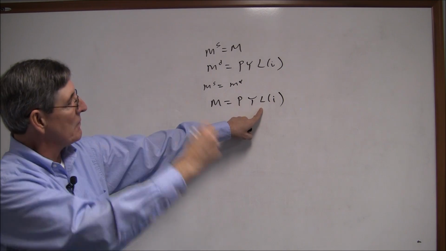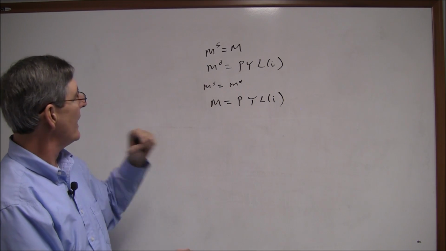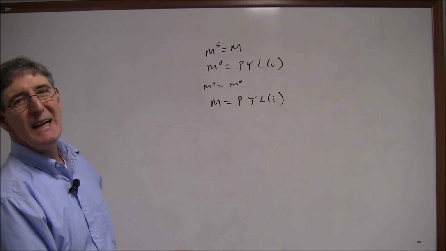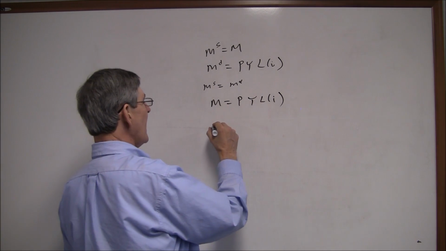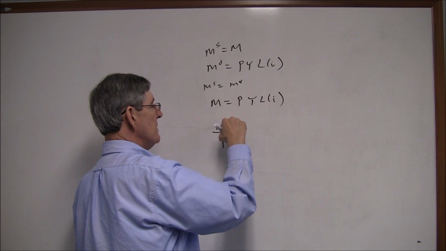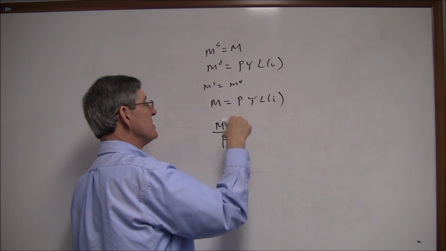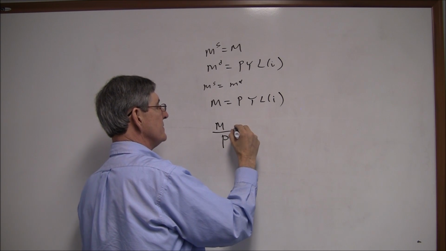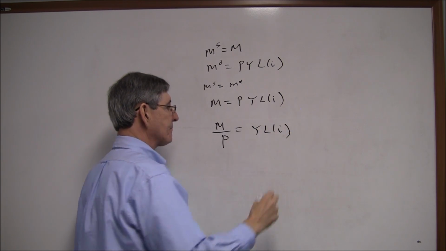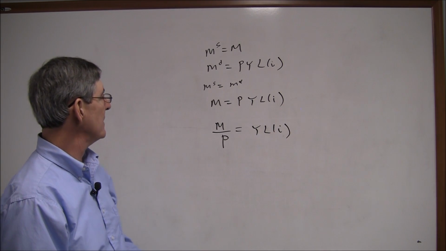This is the downward sloping line, and this is the vertical line, because we assume the Fed can control the money supply perfectly. It's a little more convenient to just divide by P. Call this real money. Money divided by the price level, that's the purchasing power of a dollar, is equal to Y, L of I. This is real money demand.